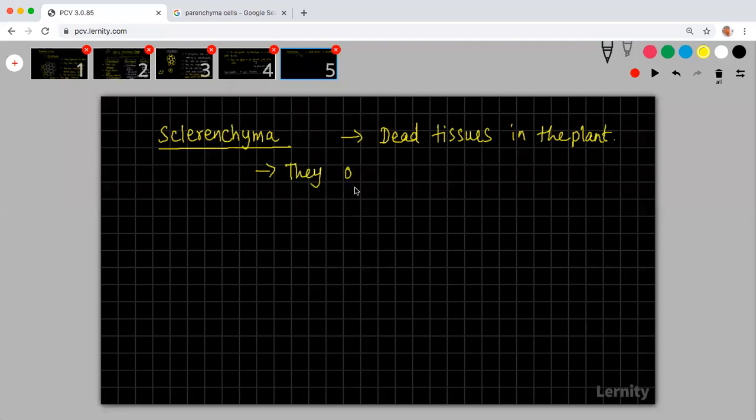They offer mechanical strength to the plant.